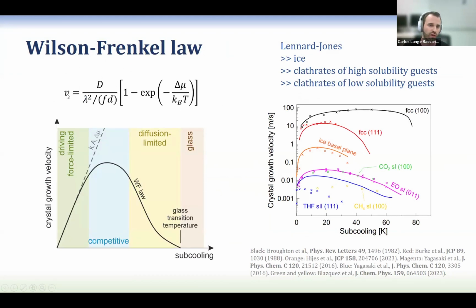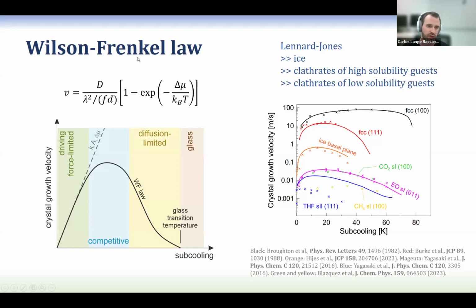So the growth velocity depends on energy minimization, so this Boltzmann factor here, right? The chemical potential, the driving force, receives many names here. It depends on diffusivity. This is the mean free path, and these F and D correlate to orientational ordering. So this is kind of a fitting parameter that will depend on the system, right?